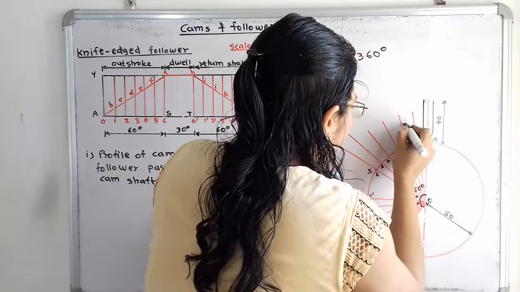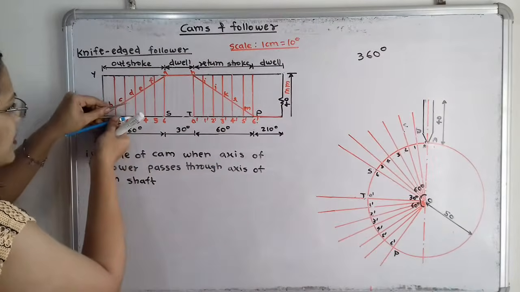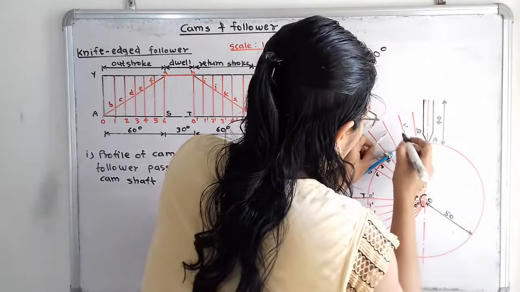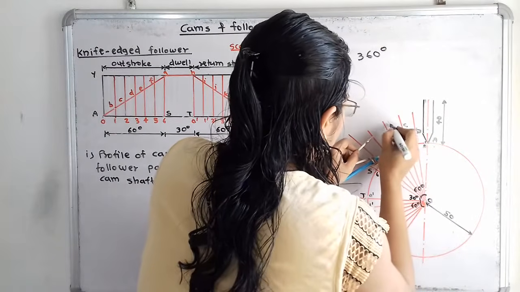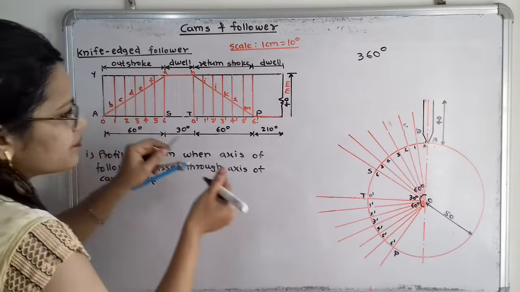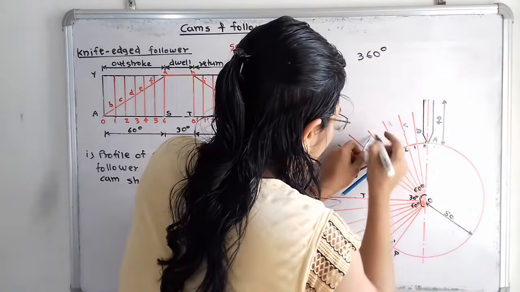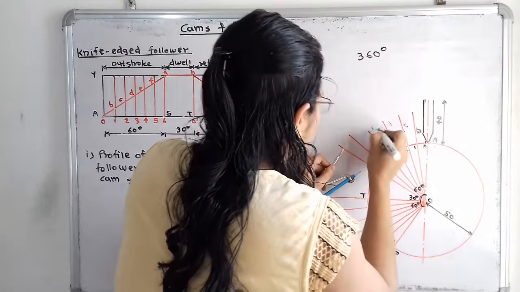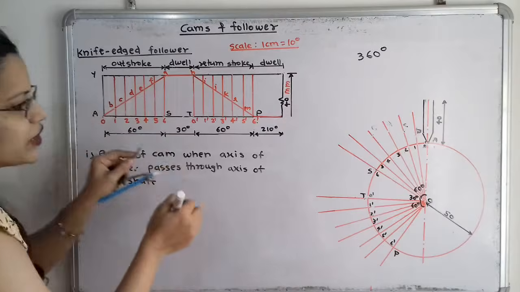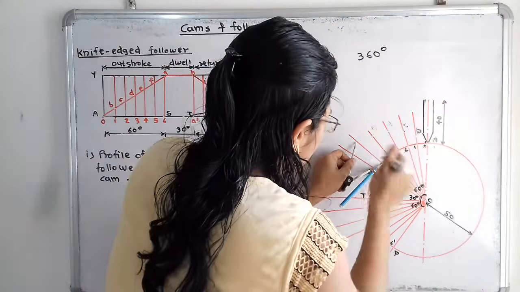So make one point here, then C. Then 3 to D. So transfer with the compass, that is 3 to D. Then 4 to E. Then 5 to F. So we have to give the same letters.